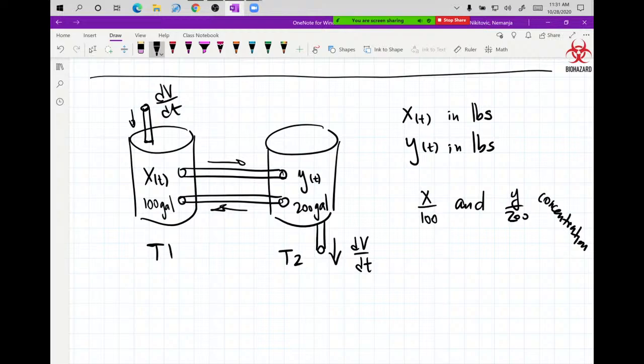It's how many people live in, say, one square mile. Concentration of salt in a liquid is how many pounds of salt you have in how many gallons of water. So concentrations are given by x over 100 and y over 200, because it's a 200-gallon tank with y amount of salt.